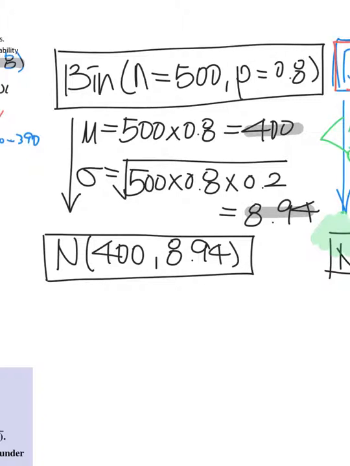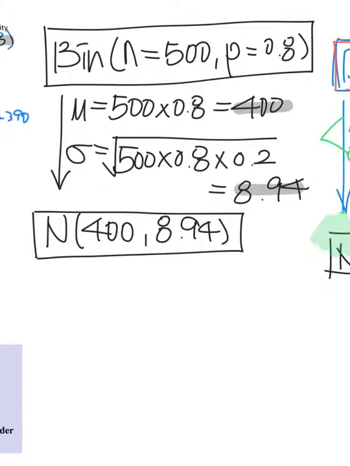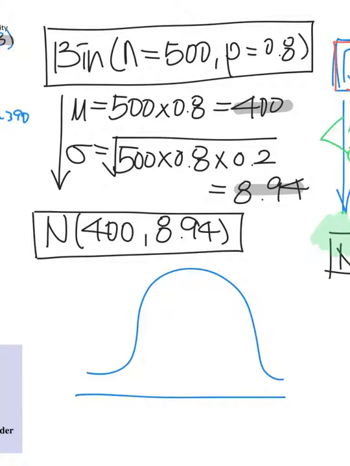What do we need? We need a probability. So let me draw a normal distribution, 400, and the standard deviation was 8.94. We need a probability at 380. 380 is lower than the mean 400 here.